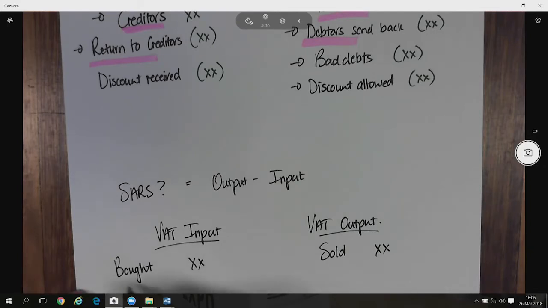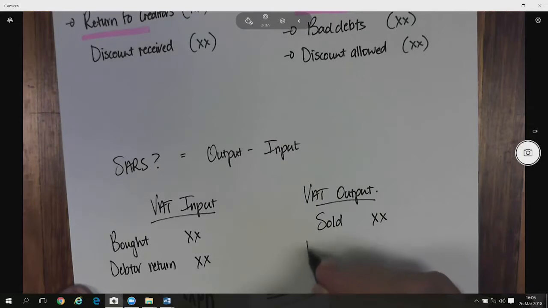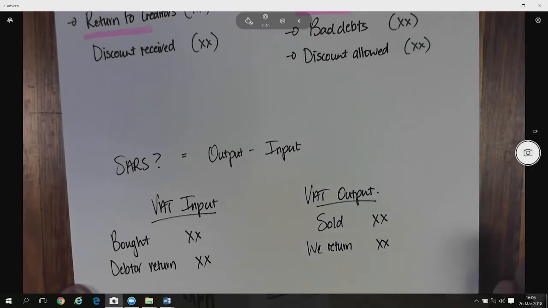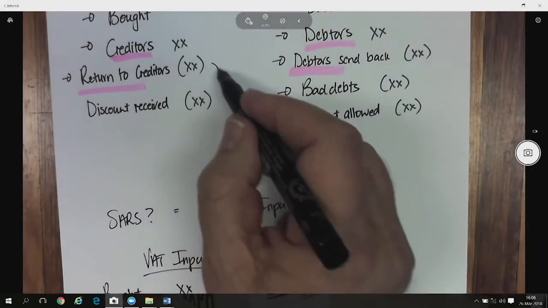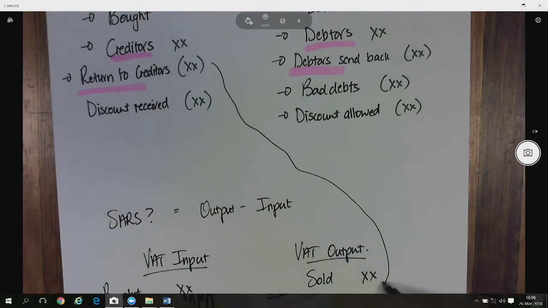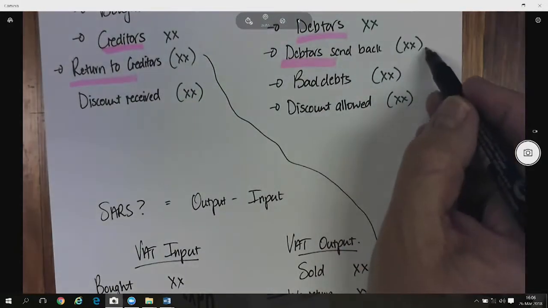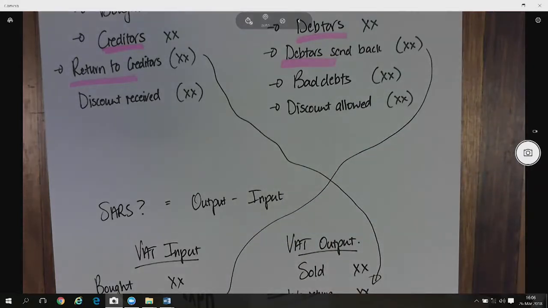Then they say if the debtor returns goods, they put it there because they stay positive. And when we return to a creditor, they put it there because they keep it positive, so that negative goes there as a positive.